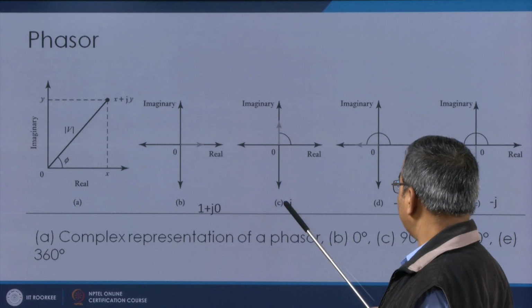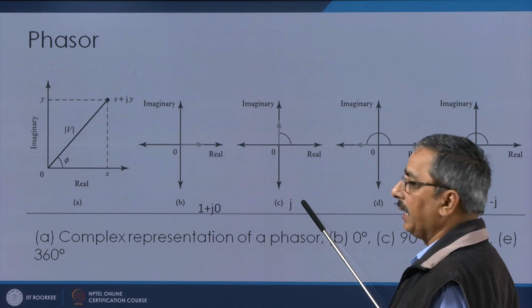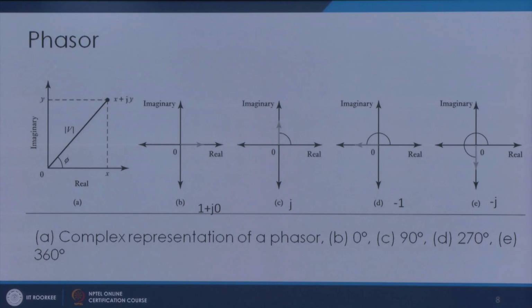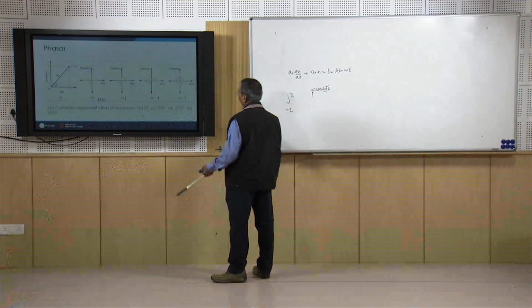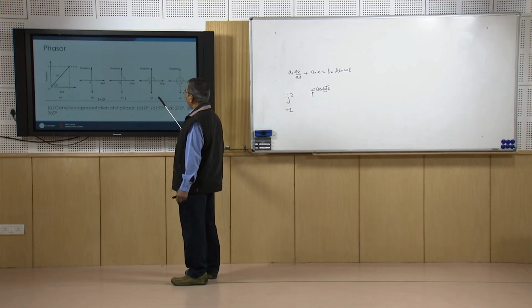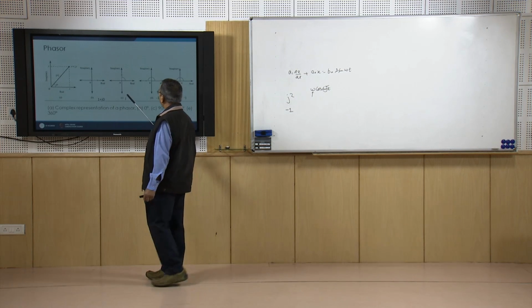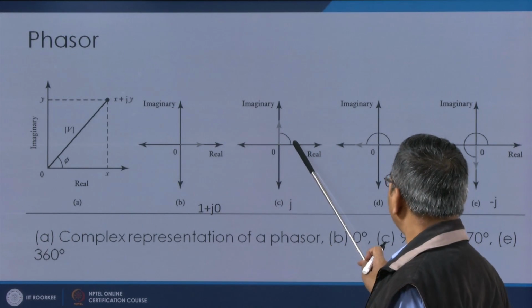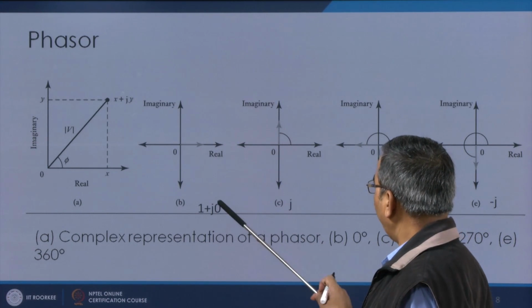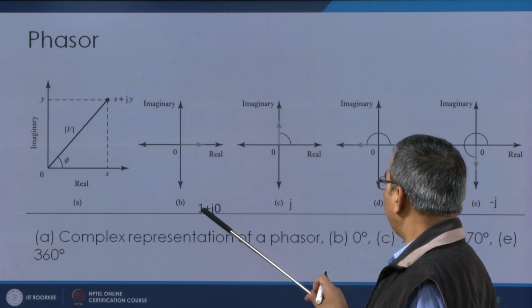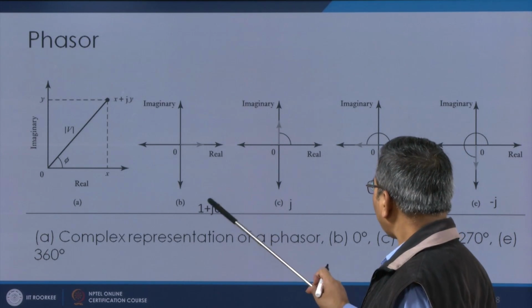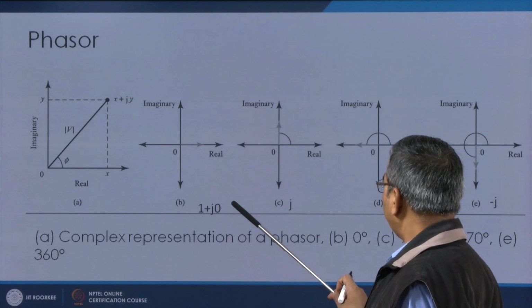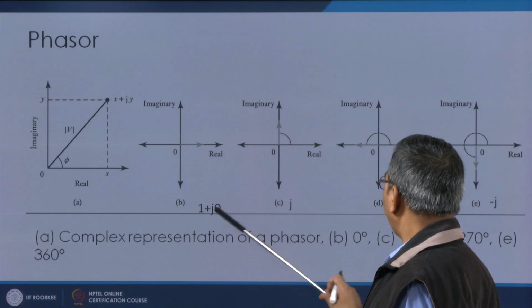So, if I multiply this by j, then what I will get is j square, and j square is nothing but -1. Okay. So, I get -1, or I can say that with respect to this one there has been a 180 degree rotation. Or 180 degree rotation means that I have multiplied this by j square. Okay. So, if I do this, then this is what I am going to get, -1.